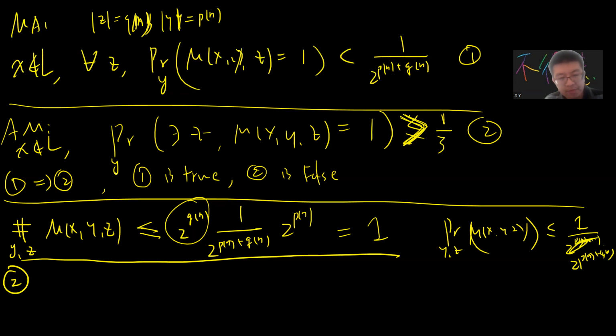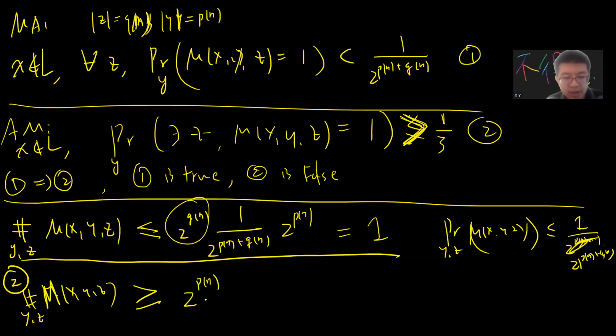So if number 2 is correct, then I fix y, there is a z, right? So this is greater than or equal to something, right? I fix y, okay? So how many y do I have? I have 2 to the P(n) y, right?